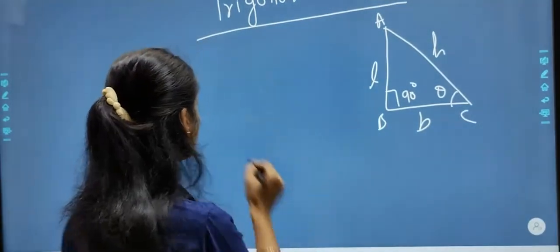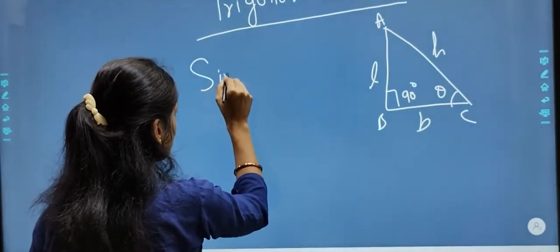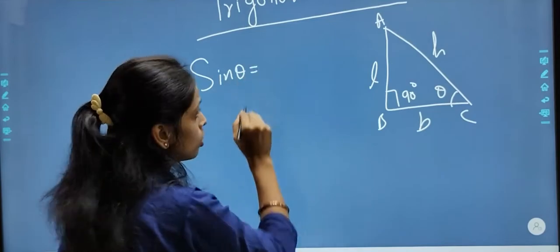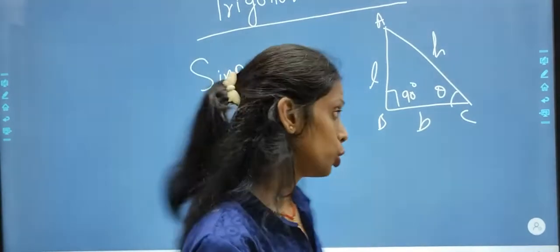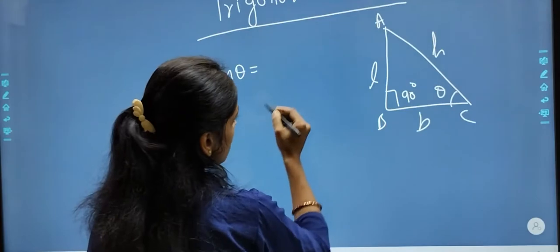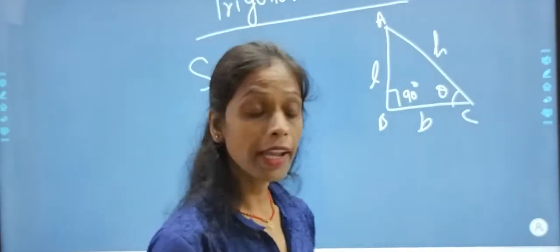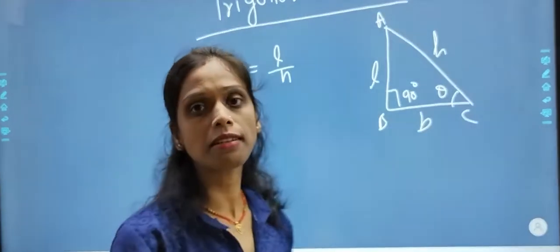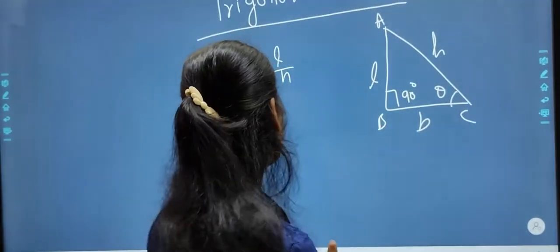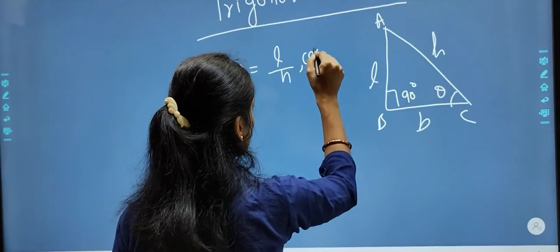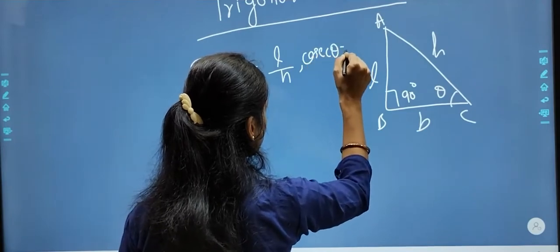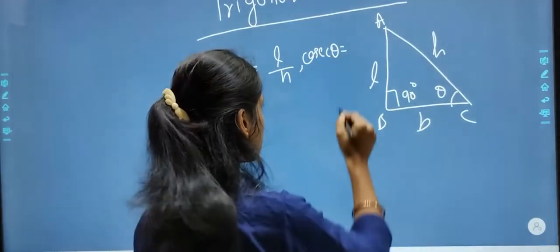Then sine theta is equal to, you know very well, sine theta is equal to L by H. Okay? And cosec theta is the opposite, I guess, equal to H by L.